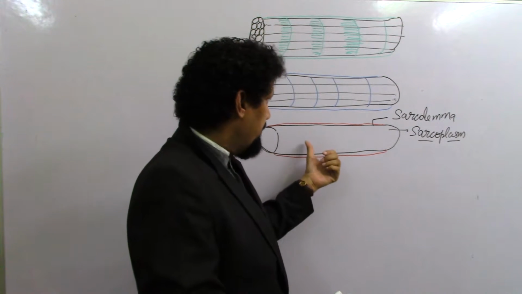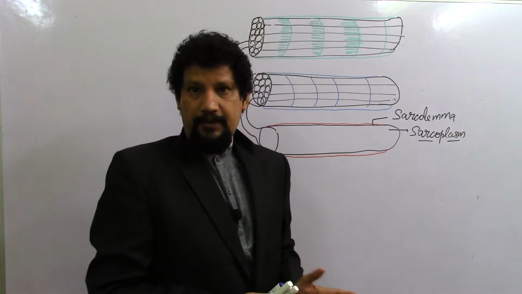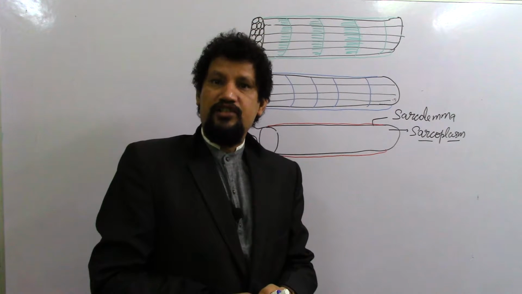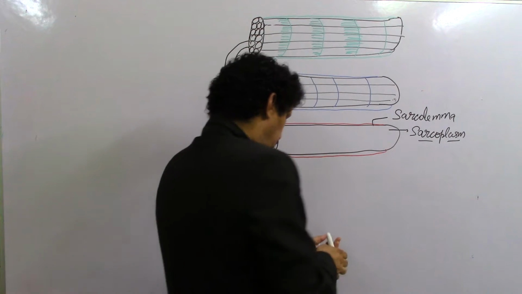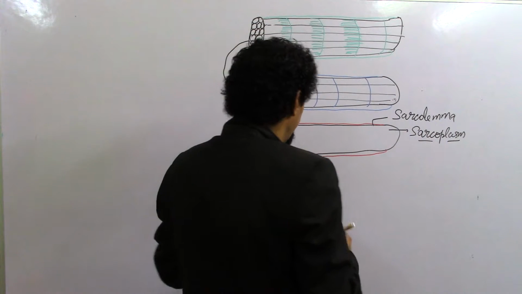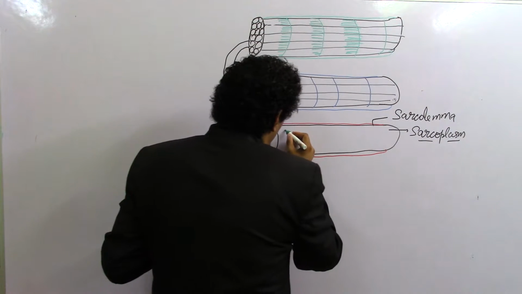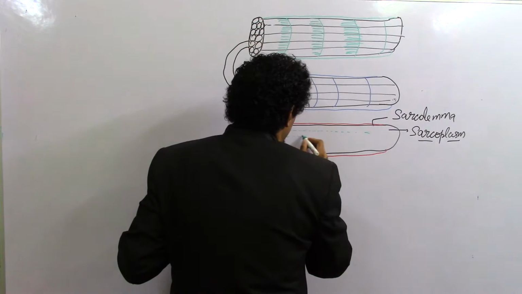This sarcoplasm or the protoplasm of this muscle fiber is having longitudinally running myofibrils.